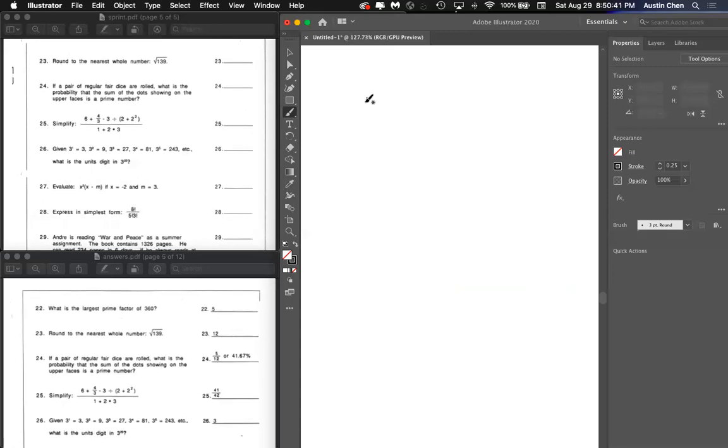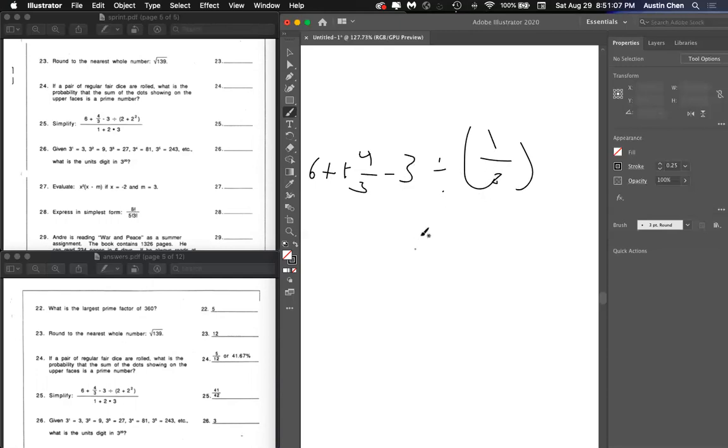Number 25, simplify that. That should be pretty easy. 2 divided by 2 squared is going to be 1/2, and you're going to divide 3 by that, and add 4/3, and plus 6. Order of operations, you have to do the dividing first.